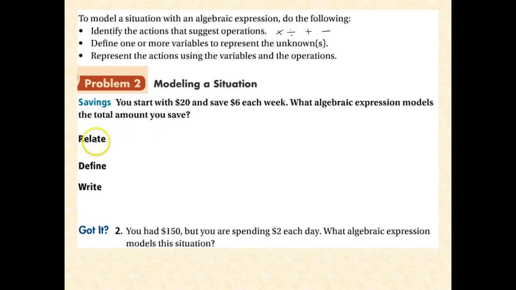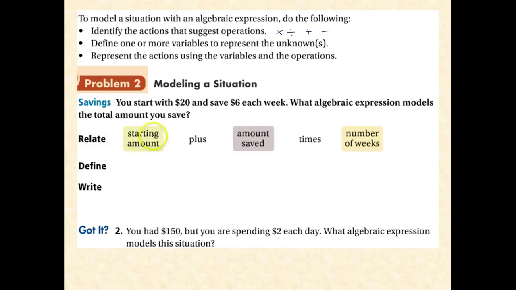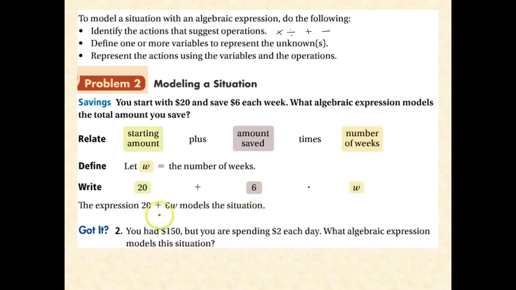So that means we're going to take the starting amount plus we're going to save some more, and we're going to multiply the amount we're saving times the number of weeks. $6 each week, so we need to multiply by the number of weeks to know how much we're saving. If we let W equal the number of weeks, we get $20 plus $6 times the number of weeks. And our expression is 20 plus 6W.